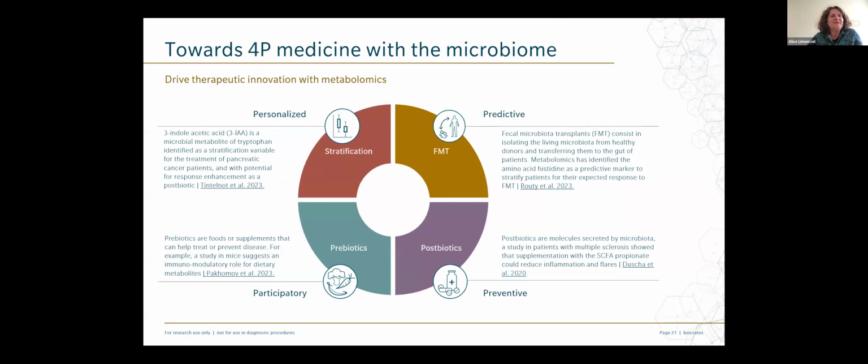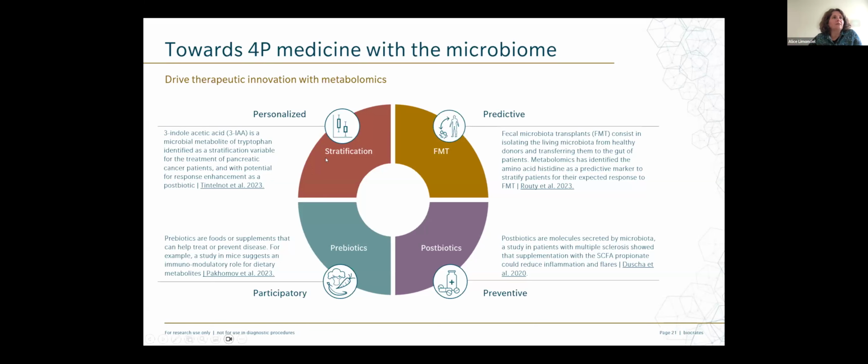Okay, so I will finish with this one just to show that we can go towards 4P medicine, so really the medicine of the future, and improving therapies and also making them more personalized and predictive in many different ways, using what we know about the microbiome and the interaction it has with the metabolome.